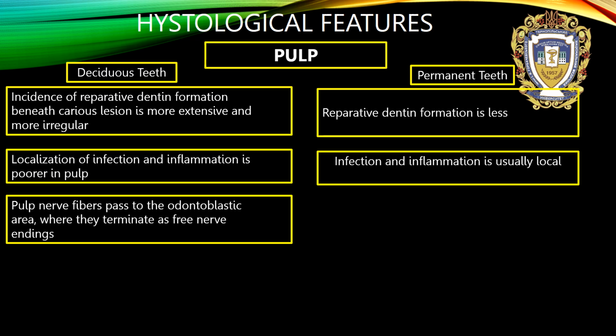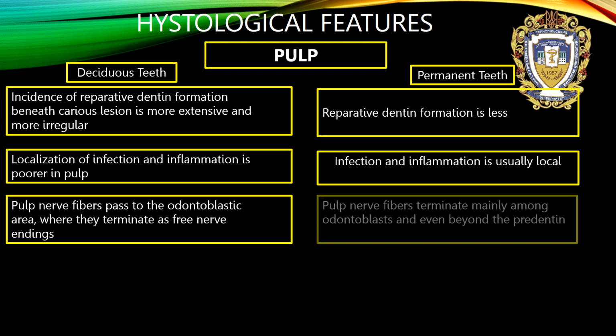Next point, pulp nerve fibers pass to the odontoblastic area, where they terminate as free nerve endings. But in permanent teeth, pulp nerve fibers terminate mainly among odontoblasts and even beyond, in the periodontium.